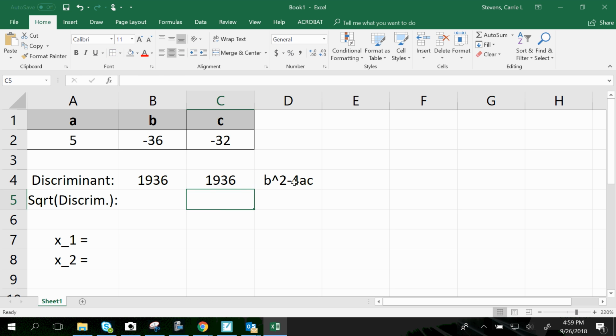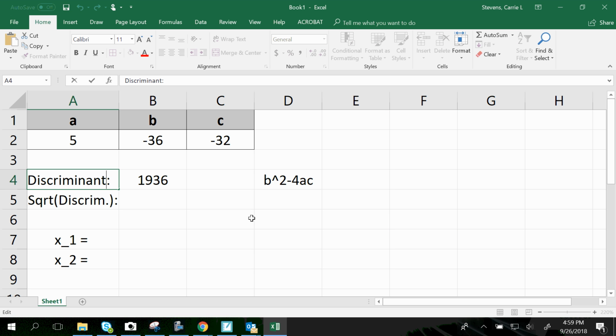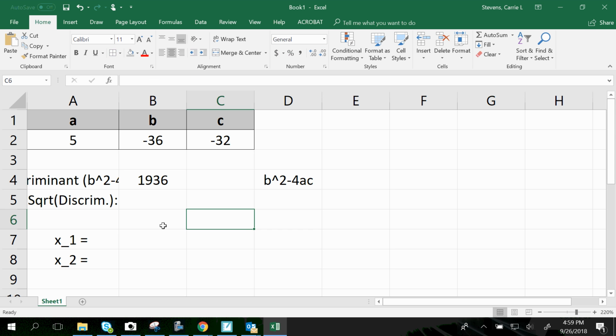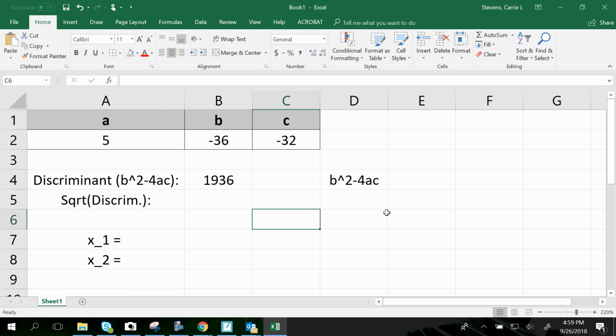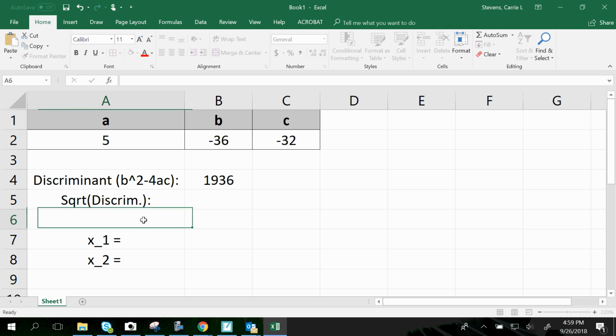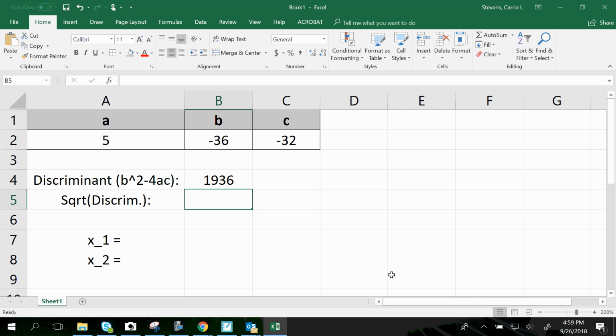See, it gives me the same thing using regular numbers. And actually, I think I'll just write that here. B squared minus 4ac. So we have a visual on that.